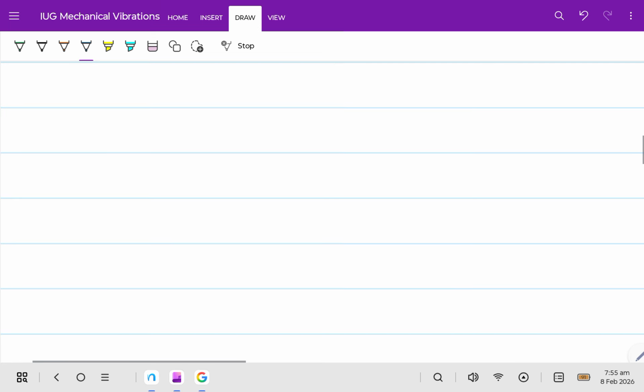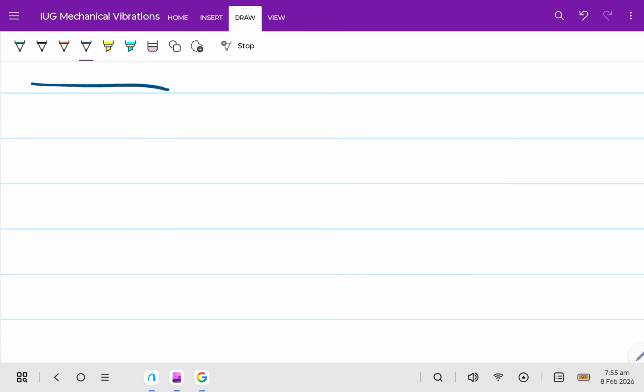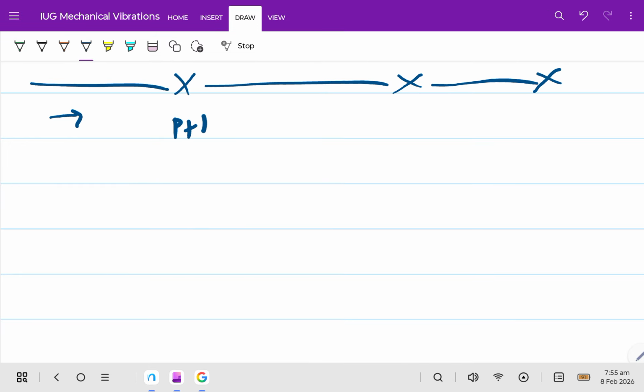So we can classify as, let's say towards the right side is positive, so we have P plus dP plus F dx minus P, because that was on the other side.